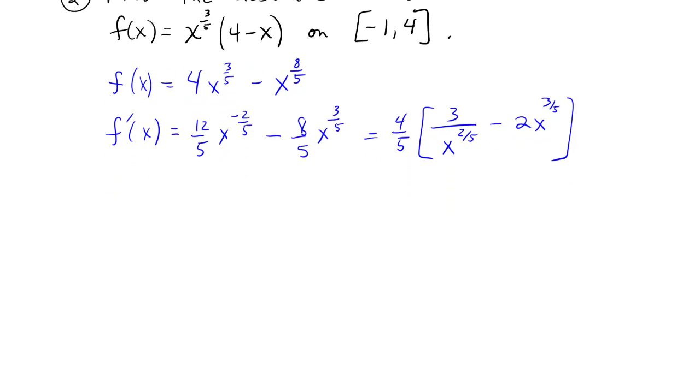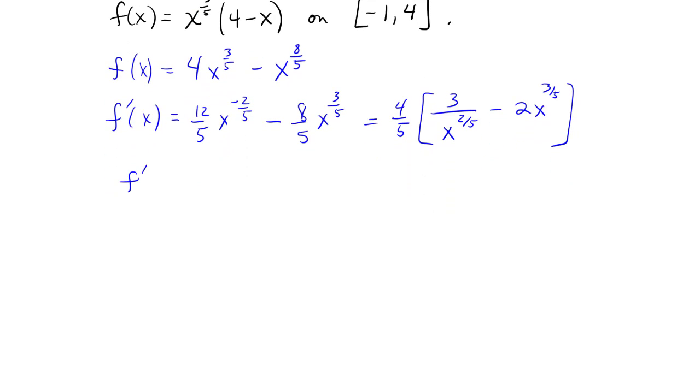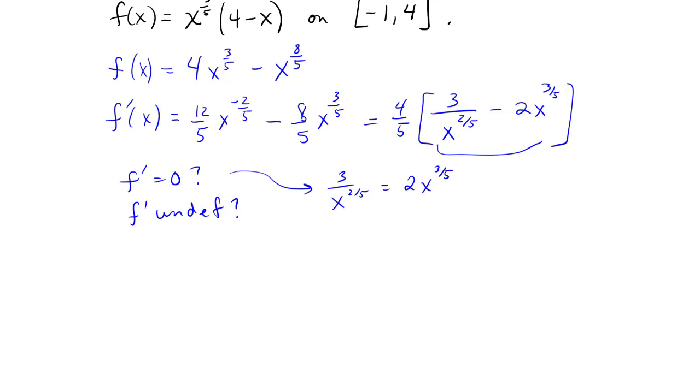All right, so now I ask my two questions. When is the derivative equal to 0? When is the derivative undefined, when the original function was defined? All right, so let's start here. If the derivative is going to be 0, then I would need this in here to be 0. So I would need 3 over x to the 2/5 equal to 2x to the 3/5.